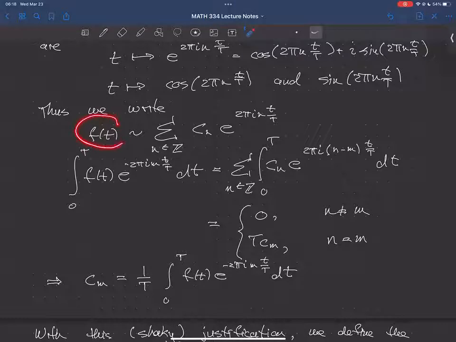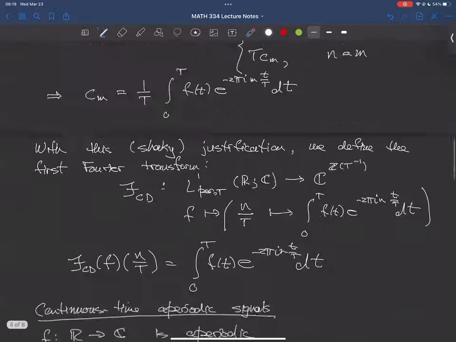And so you can just say that to recover f, you just plug in the c_n, okay, which is just F_CD of f at n over T, okay? And so in that way, you recover f from its CDFT just directly from the way that we motivated the definition of the transform in that case, okay?